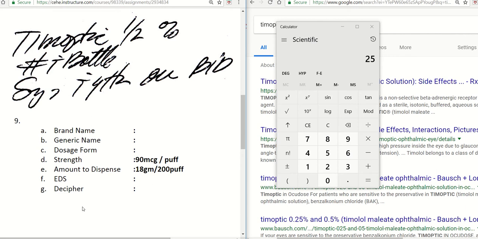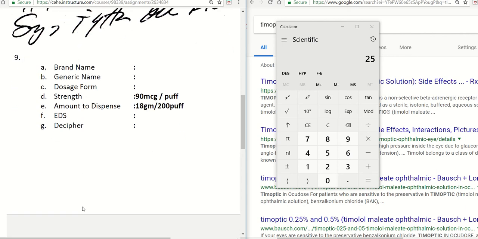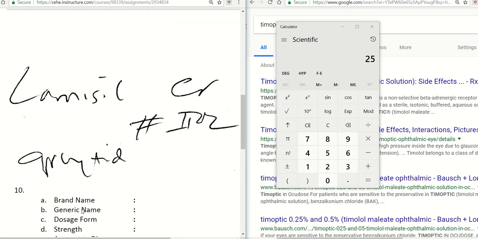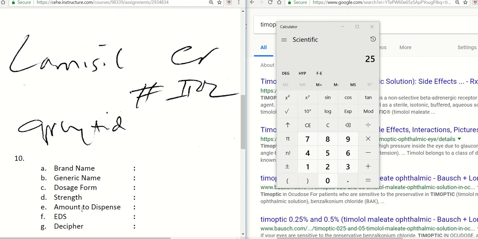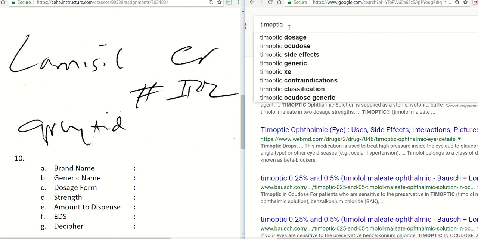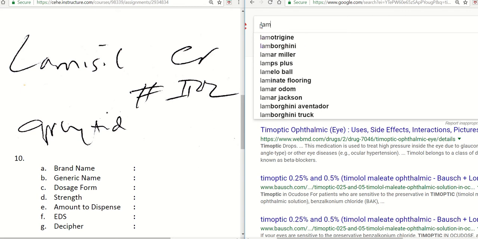All right, just 1 prescription left. So we got a cream. In this class, we're going to estimate that it's going to be 1 gram per dose for creams and ointments. So Lamisil cream.